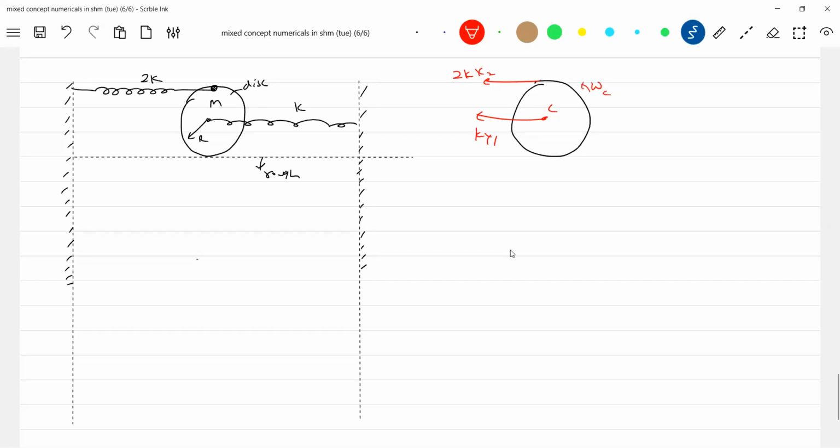This will be omega c, and it will be vc. What action does friction have? Let's not bother, but the net work done by rolling friction should be 0.